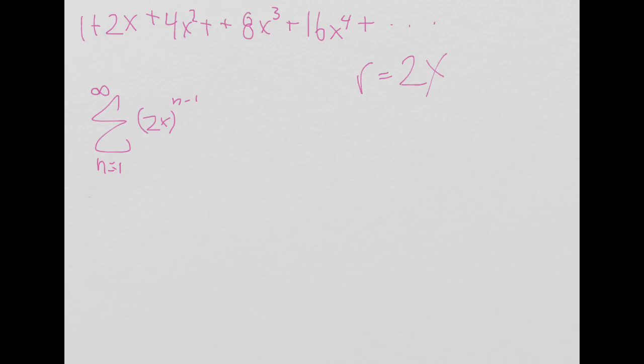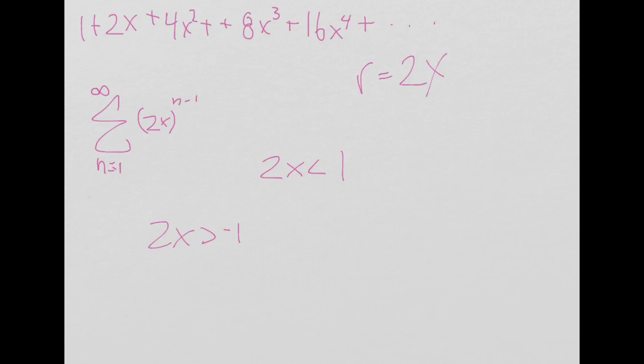And no, we cannot find the actual infinite sum for this. I could tell you that if we want this series to converge, 2x has to be less than 1, and I also know that 2x has to be greater than negative 1, because for this series to converge, our common ratio r has to be a value between positive and negative 1.